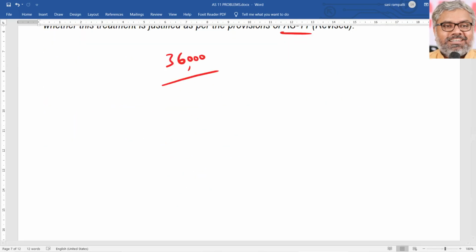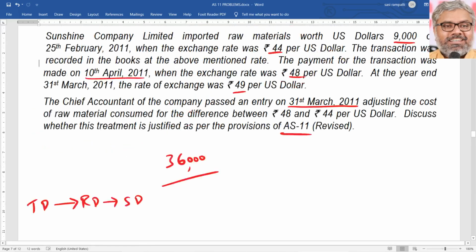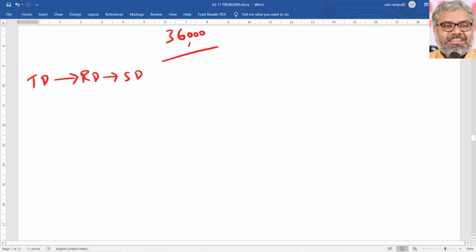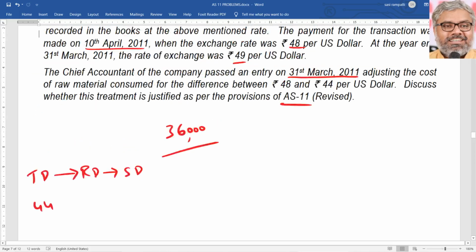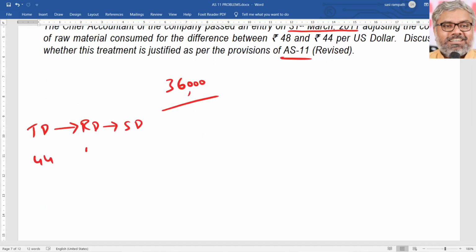So there is the transaction date, then there is the reporting date, then there is the settlement date. On the transaction date, the dollar was 44 rupees. On the reporting date, the dollar was 49 rupees. And on the settlement date, the dollar was 48 rupees. Different rates will be there.